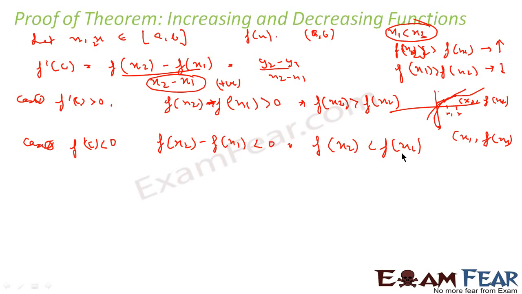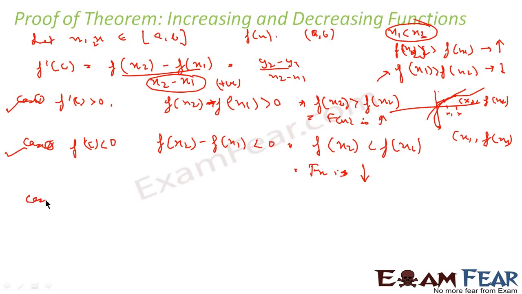This implies the function is decreasing. And here, this implies the function is increasing. Correct? So if f dash c is greater than 0, the function is increasing. If f dash c is less than 0, the function is decreasing.